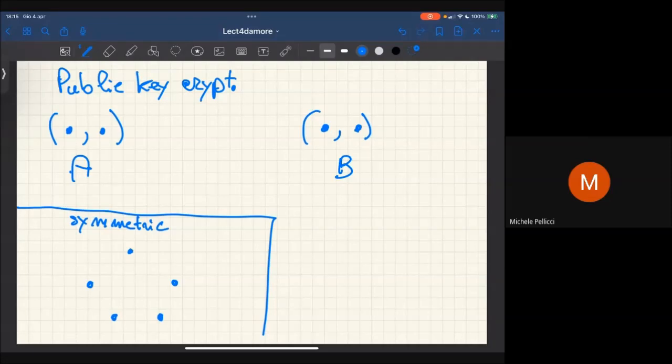So we have a key for this one, another key here, another key, and so on.